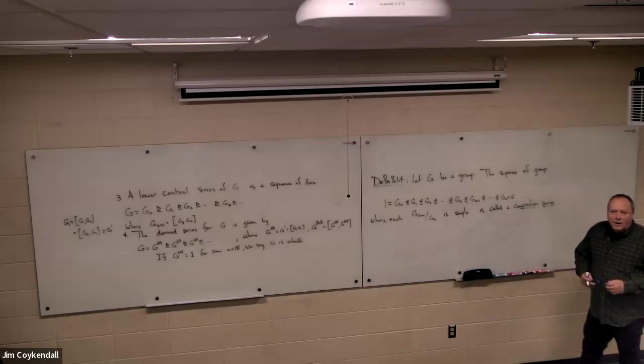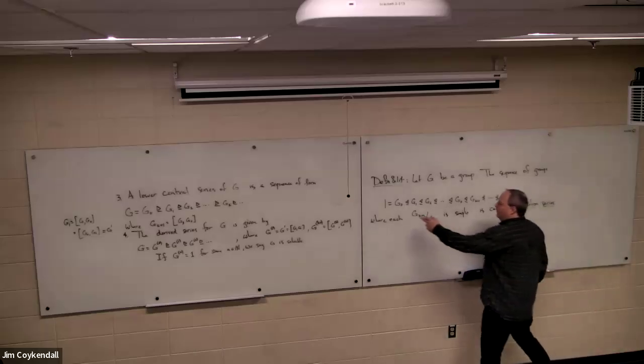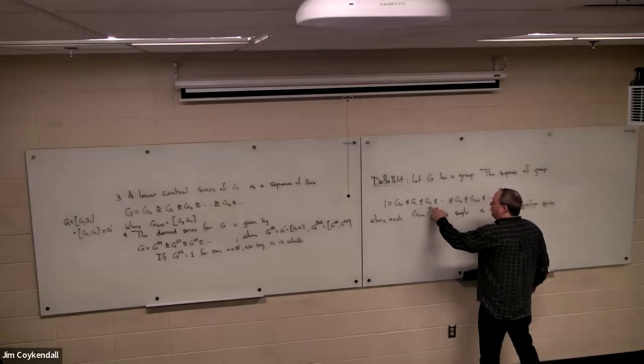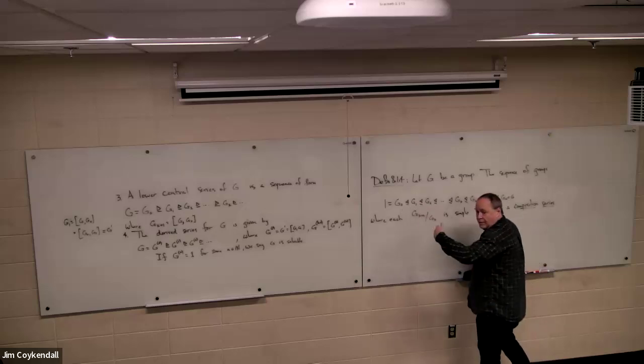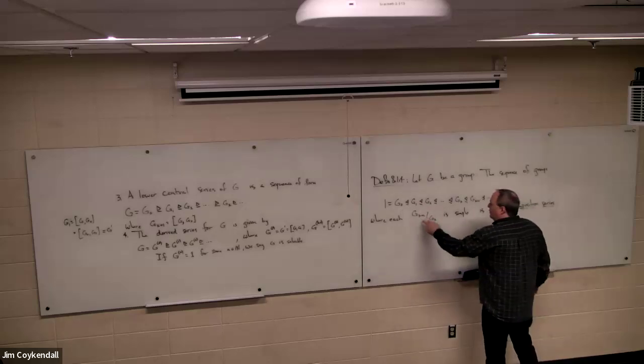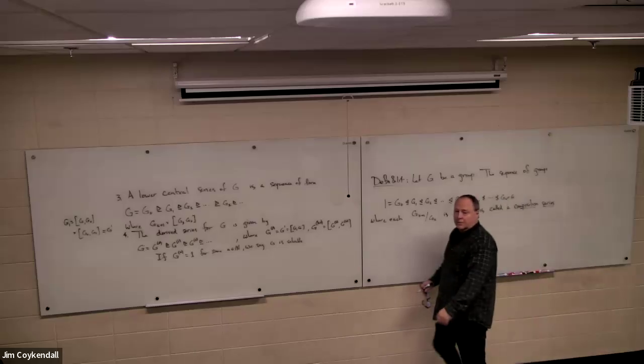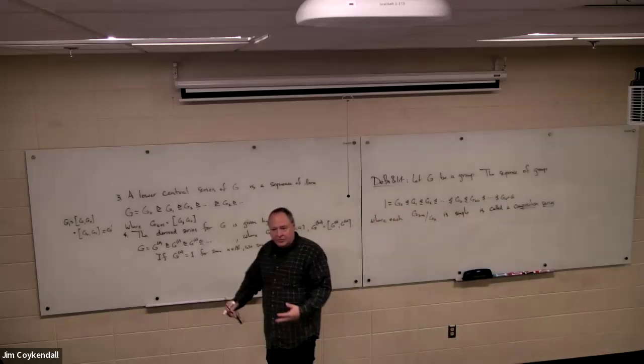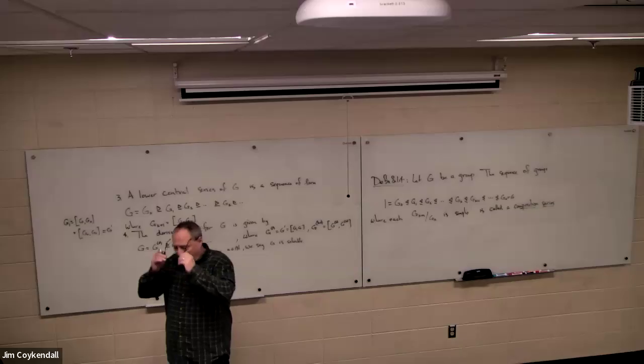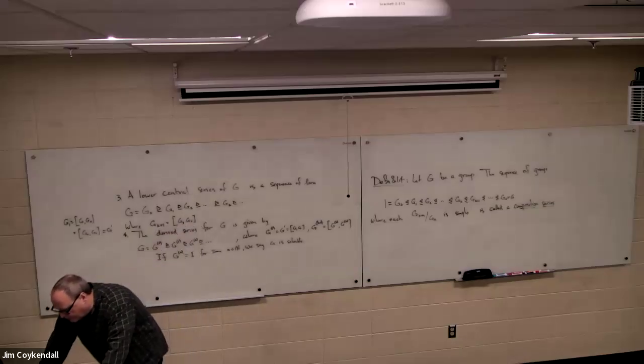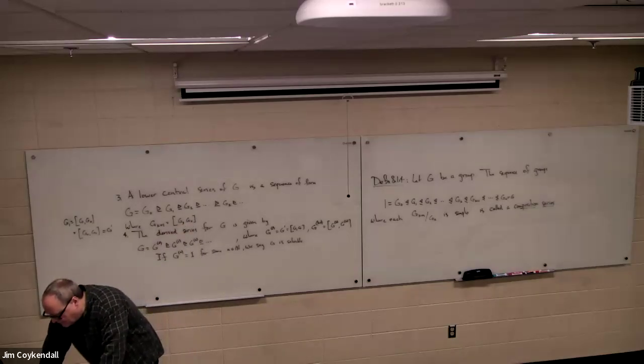So all you need for a composition series is just a sequence of groups, each one normal in the next, and you want each quotient to be simple, right? So that quotient group is a simple group in the sense that it's got no normal subgroups other than itself and the identity.